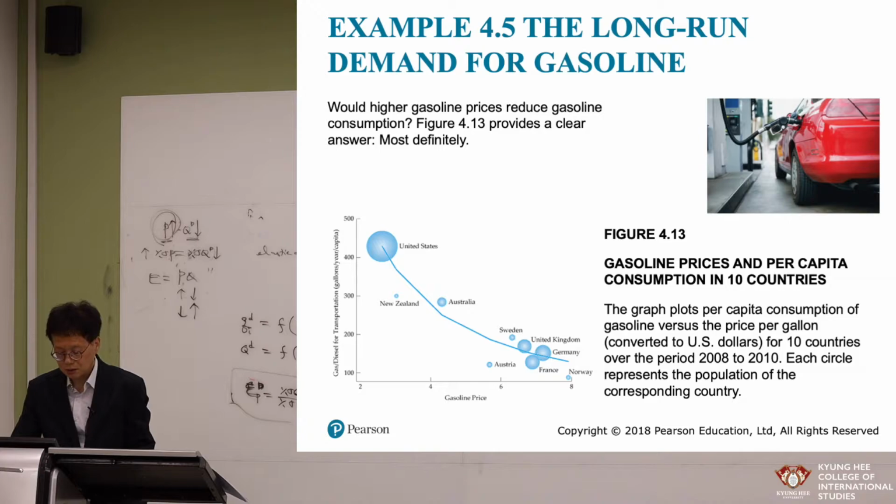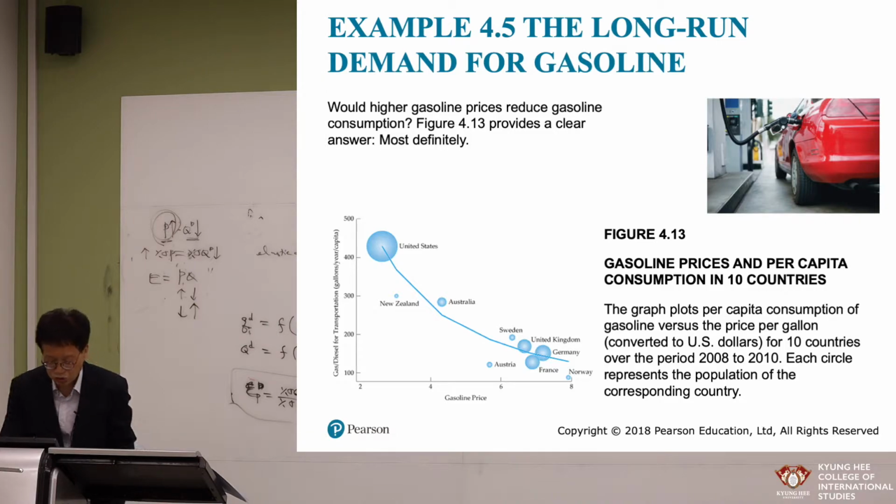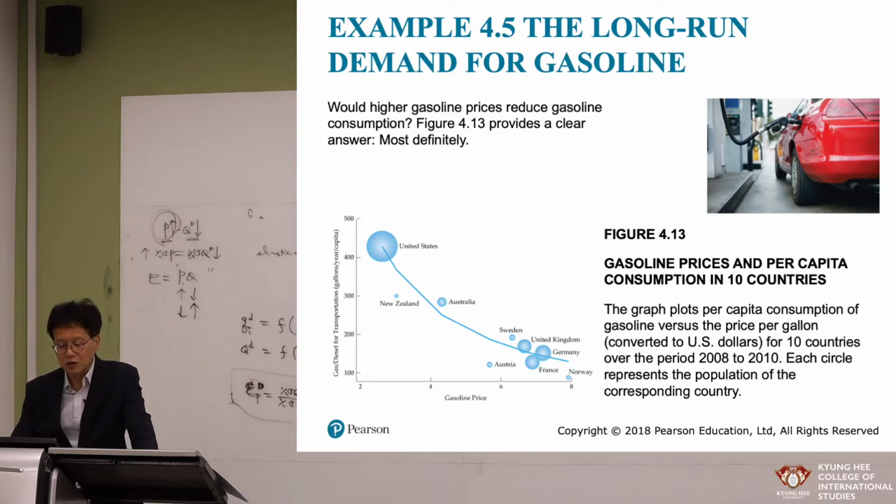Gasoline price is here, $4 and something, and consumption is 300. Sweden's price is much more expensive than the United States, and consumption decreases. France, Germany, UK, Norway are like this, right? Using this actual cross-country data, we can find a fitted line like this. So we can find the negative relationship between price and consumption, or demand. Okay? Next slide.